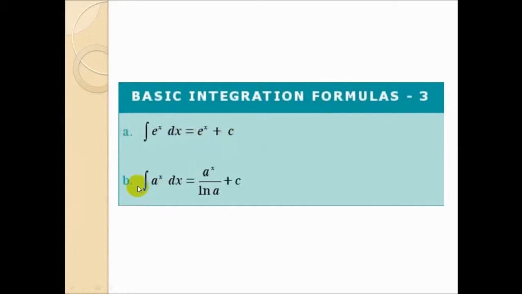And the next is the integral of a to the power of x dx, where a is only a constant number, but we have x as the power, so we get a to the x over ln a plus c. So it is a basic integration formula.